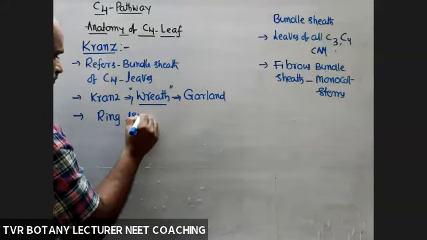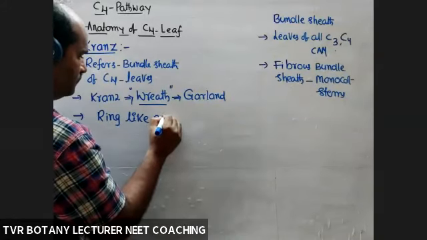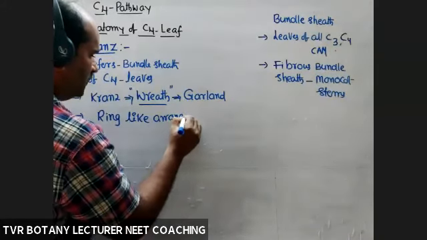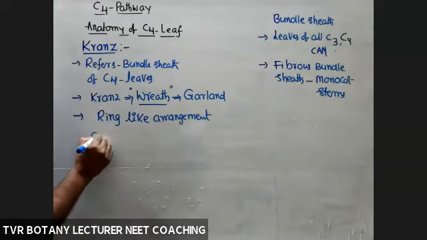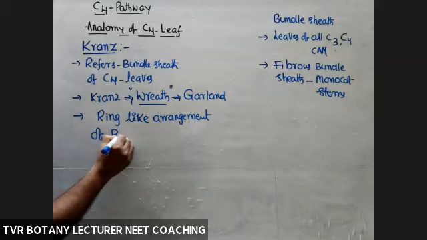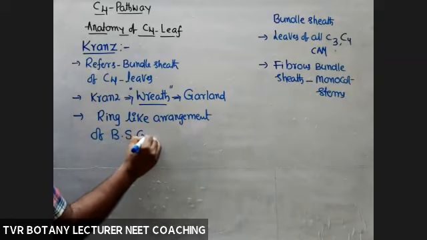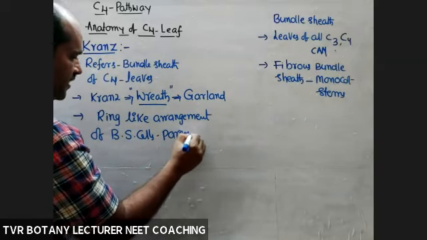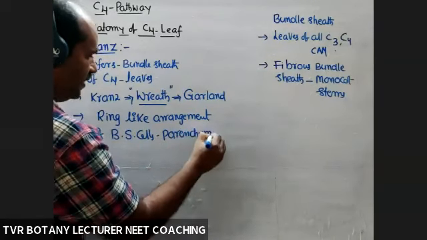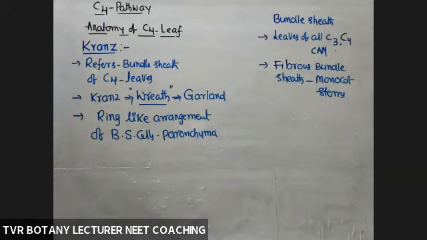Ring-like arrangement of bundle sheath cells. That is a parenchyma; the bundle sheath is parenchymatous. So it refers to the ring-like arrangement of bundle sheath cells.